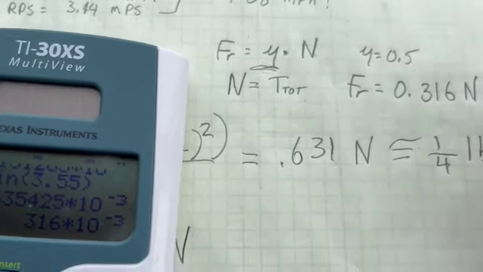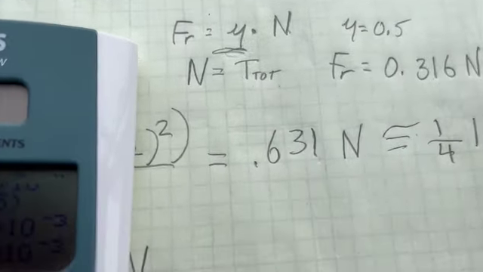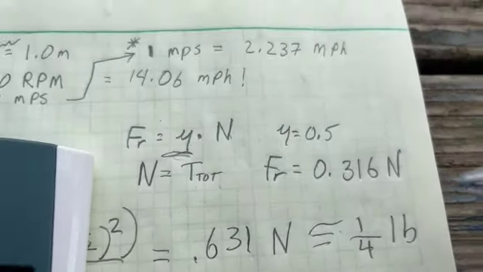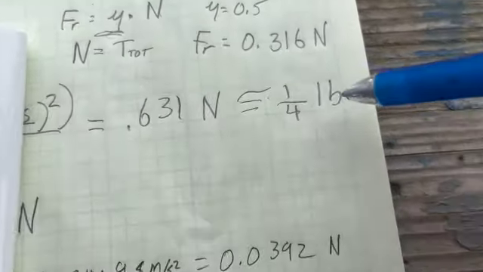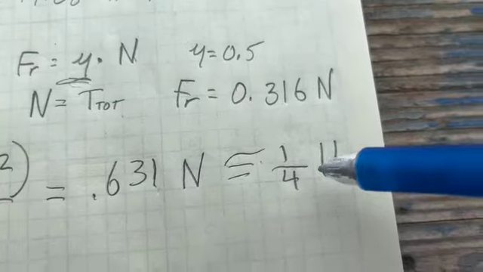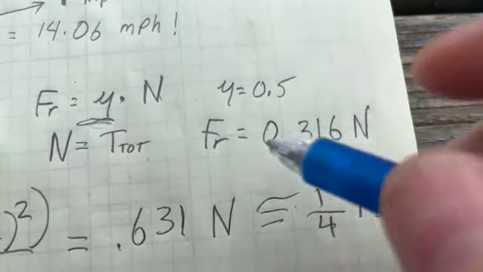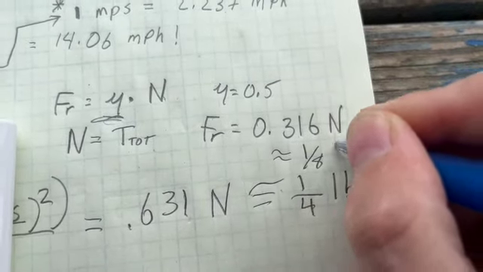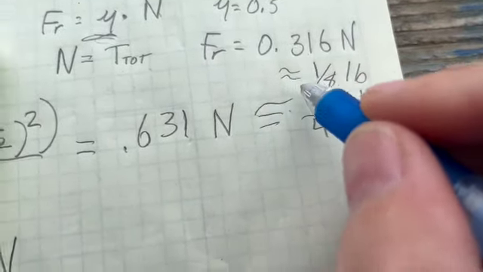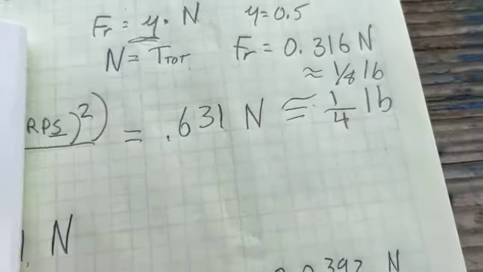And that's newtons, right? And like I said, 2.2 newtons is about a pound. So if this is about 1/4 pound, right? This would be about 1/8 of a pound. And that little squiggly mark just means approximately.